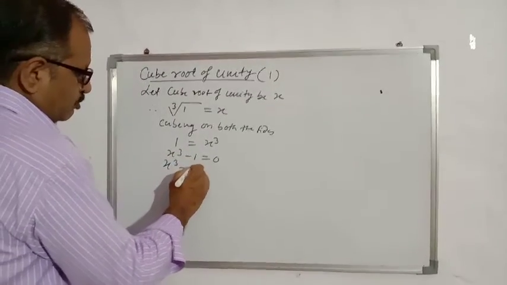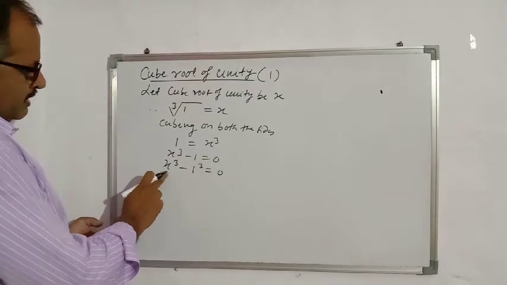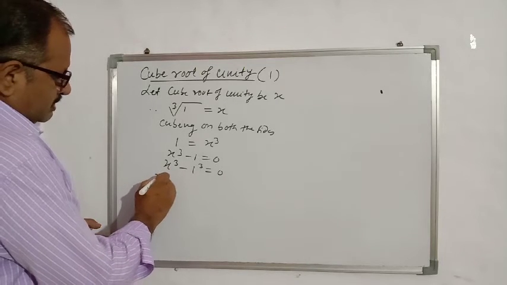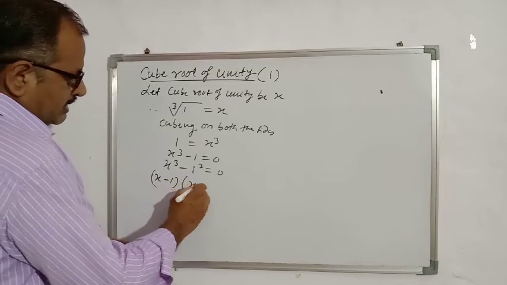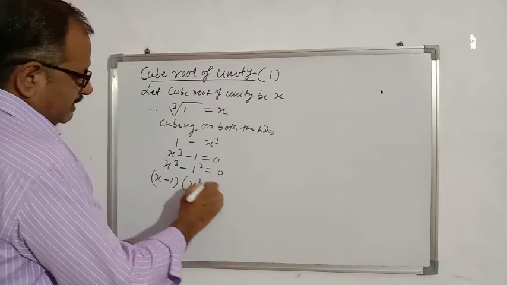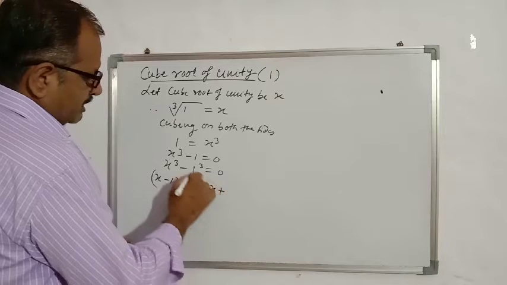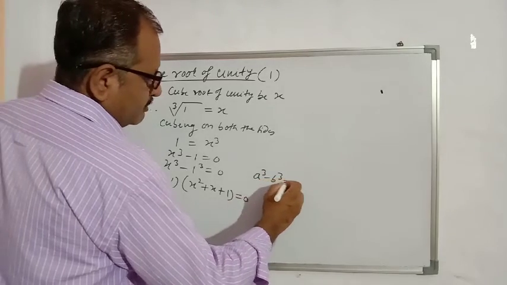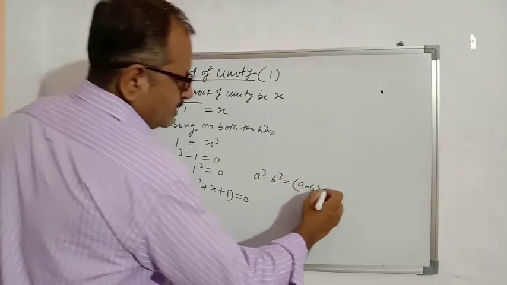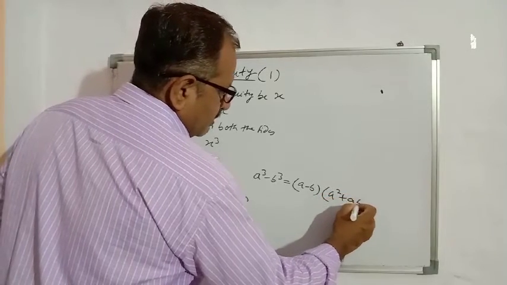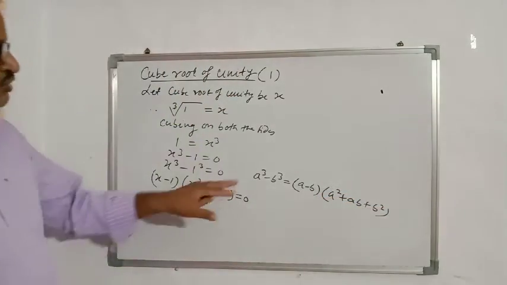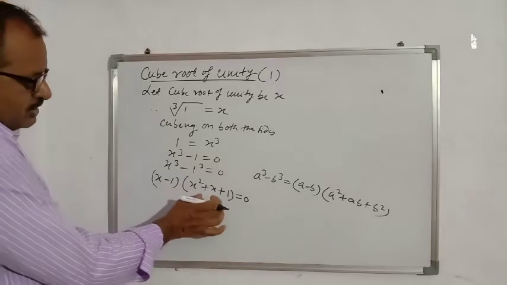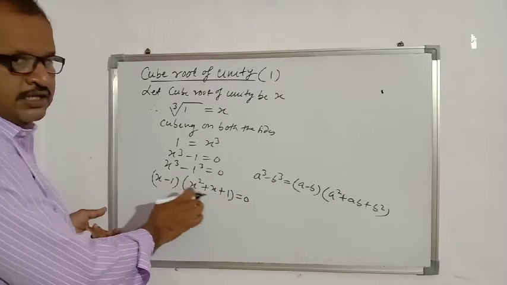So we can write x cube minus 1 cube is equal to 0. Use the identity a cube minus b cube, which is a minus b in one bracket and a square plus ab plus b square in the other bracket. Applying this identity on the left side, x minus 1 in one bracket, x square plus x plus 1 in the other, is equal to 0. Here the product of these two brackets is equal to 0, so use the zero product rule.